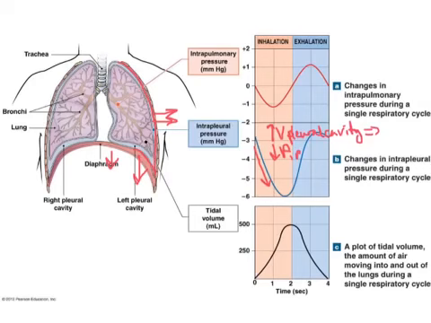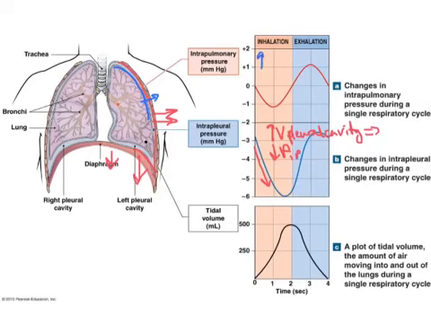As the intrapleural pressure drops, that pulls the visceral pleura out as well. So as the visceral pleura are pulled out, they're tightly attached to the lung tissue, so the lung tissue gets pulled open.